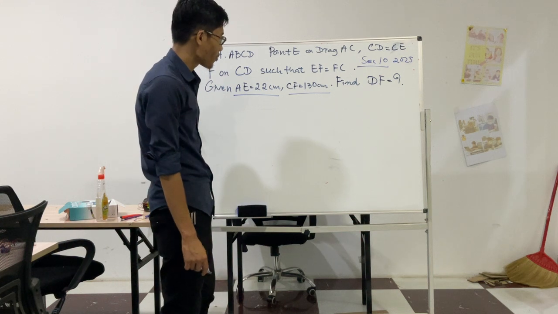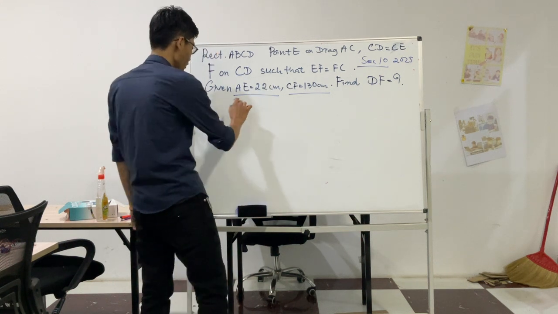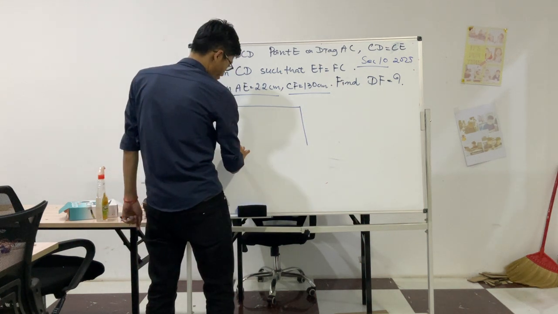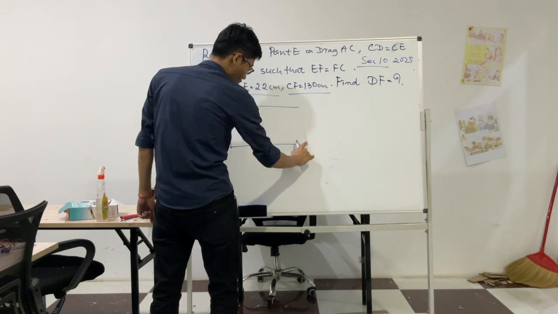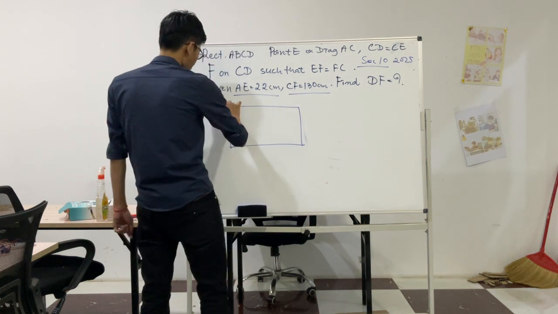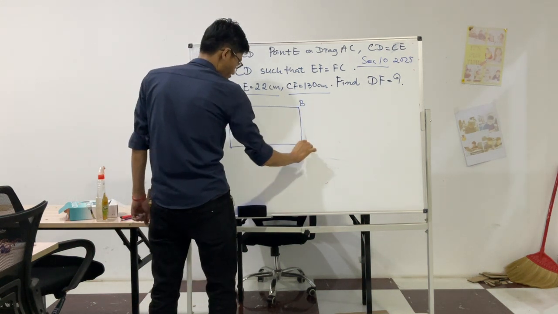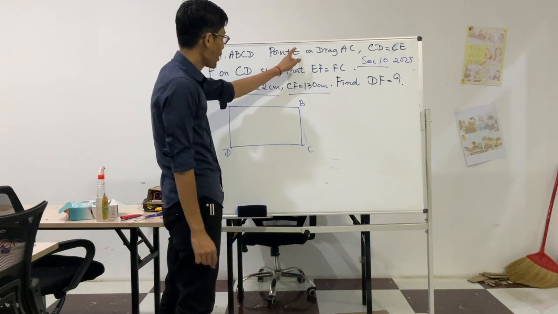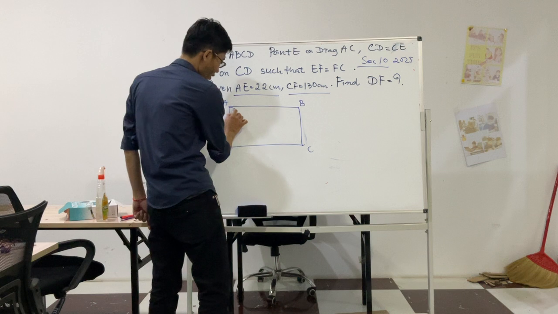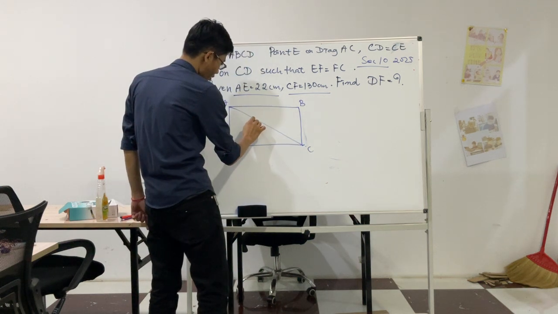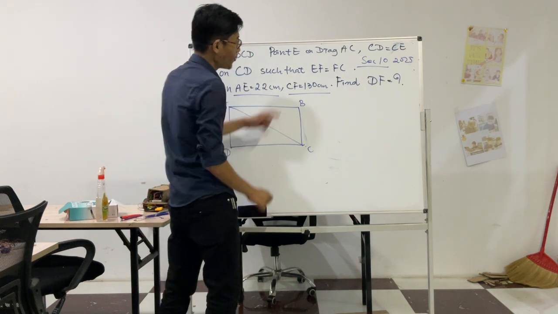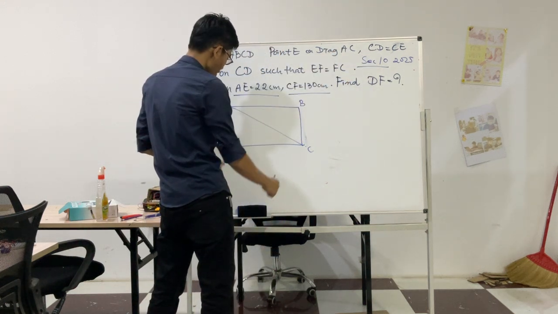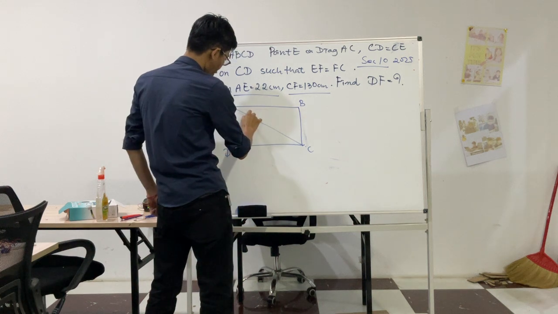Okay. So first we need to draw the diagram. This is our rectangle, and this is A, B, C, and D. Then we have E on the diagonal AC, maybe around here, which makes CE equal to CD.